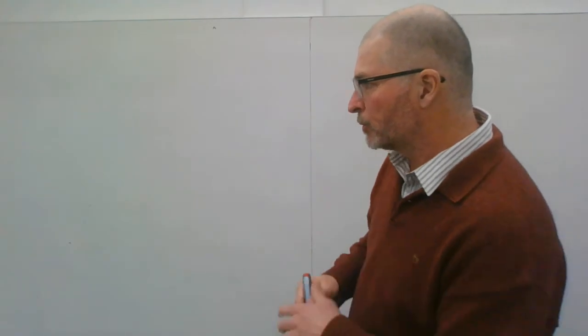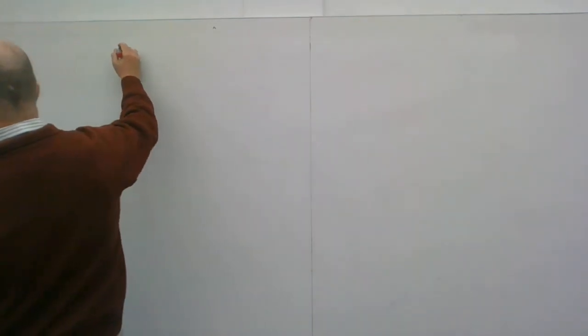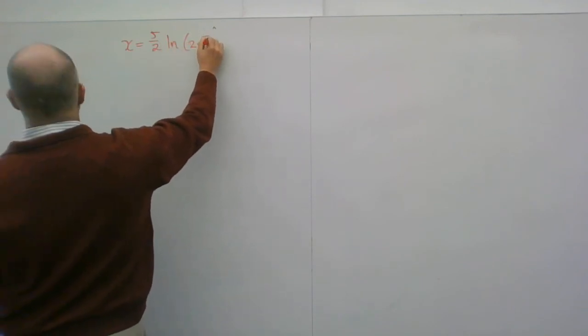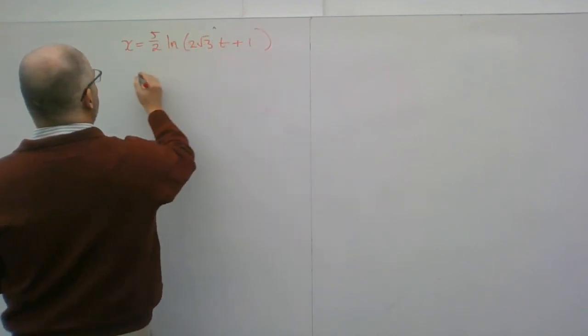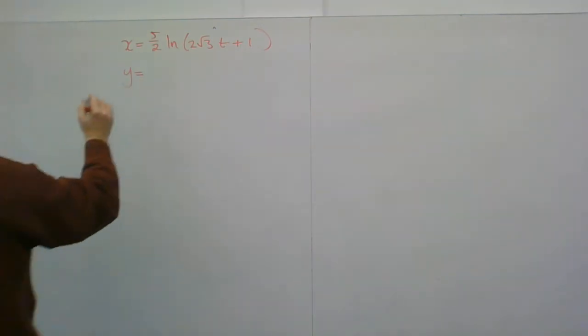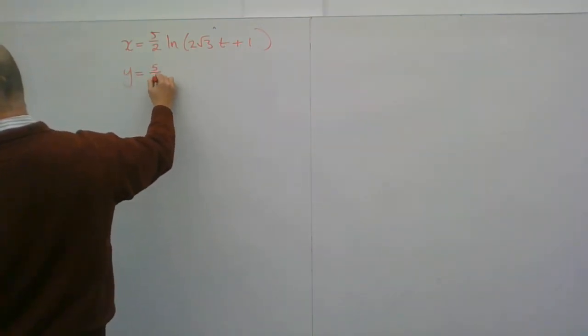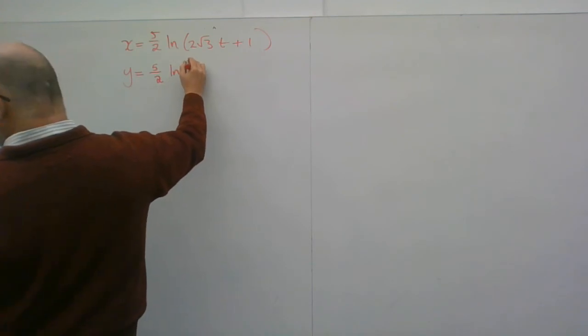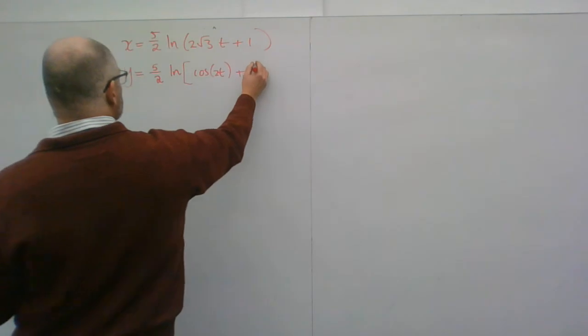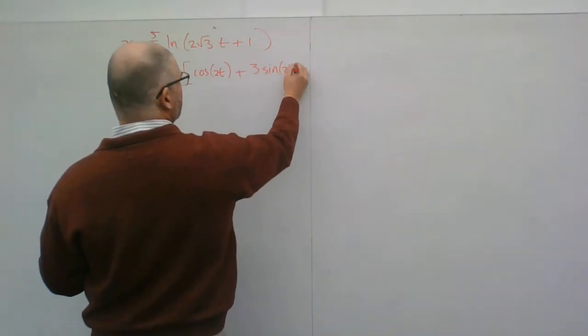So the final thing we want to do is take our two equations, x equals 5 on 2 natural log of 2 root 3 t plus 1, and y is equal to 5 on 2 natural log of cos 2t plus 3 sine 2t.